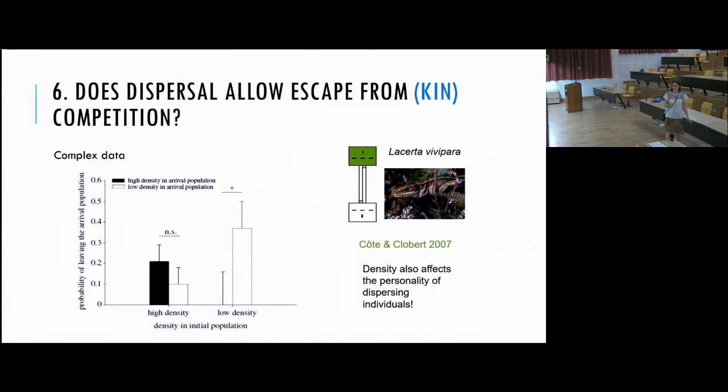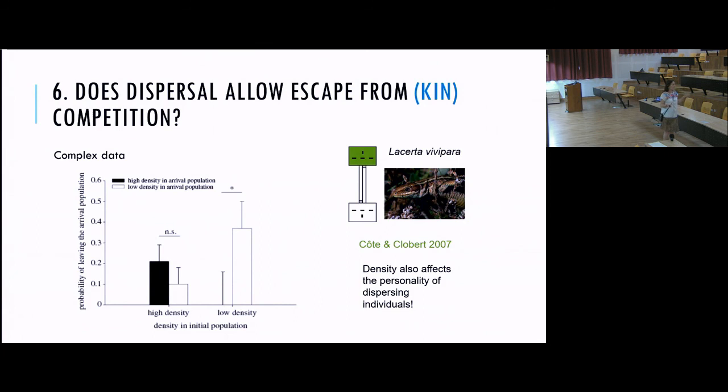This is not significant. If the individuals dispersed out of a population with a low density, then those arriving in a population with high density stayed, but those that had escaped from a low density population and found another population with low density were really unhappy about it and returned to their home patch. So density is something complicated, as also shown by the previous model.